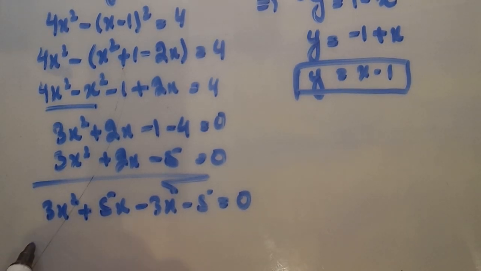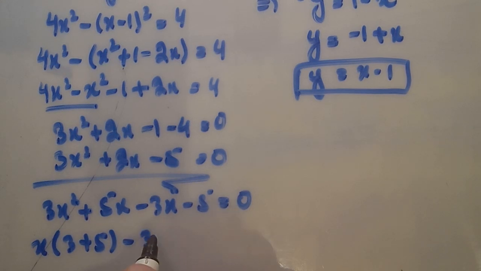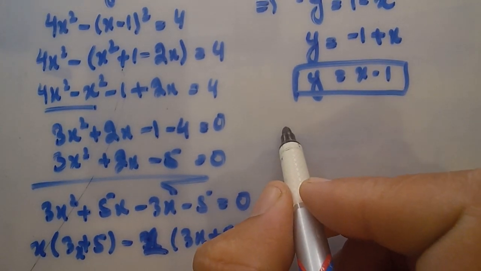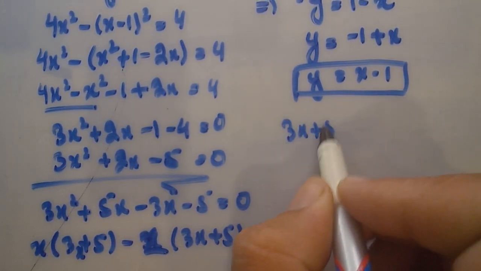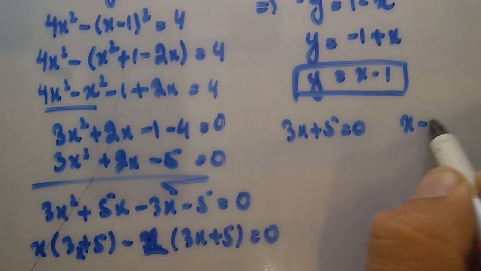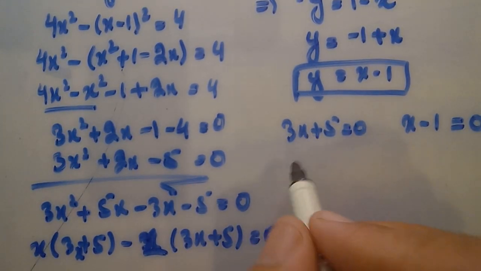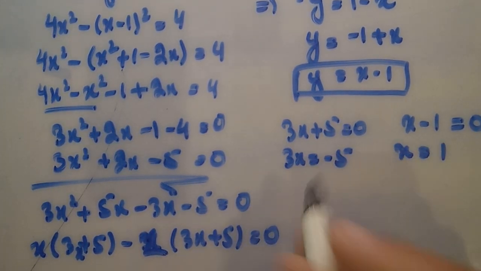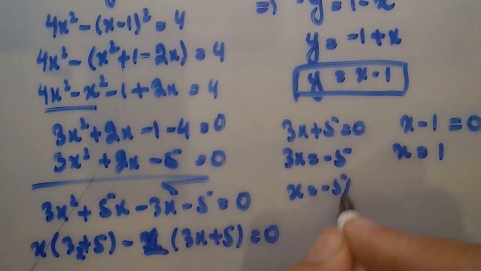Okay, this will become, by taking x common, x(3x plus 5) minus, again taking 1 common, 1(3x plus 5) is equal to 0. This will become (3x plus 5) into (x minus 1) is equal to 0. So 3x is equal to minus 5 and x is equal to 1, x is equal to minus 5 by 3.